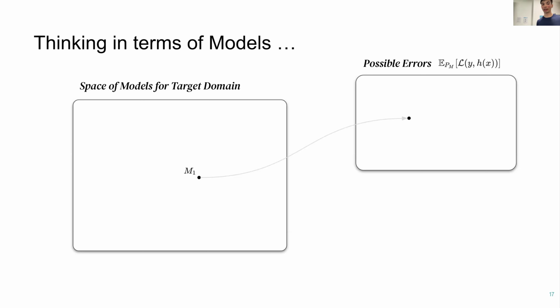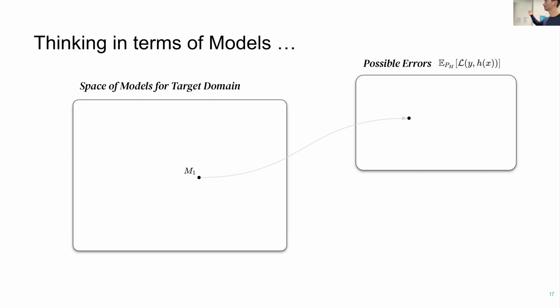The first observation is that if you fix the model for the target domain, that entails a unique value of your error. You can take your target domain that's now fully specified, sample variables x and y, compute the loss function, compute the expectation, and you get a unique value.